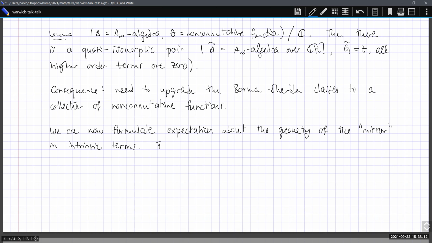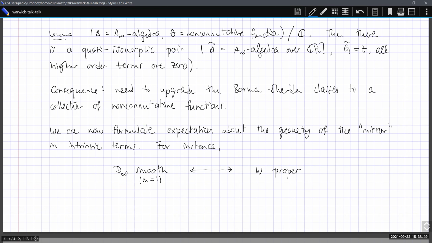For instance, it's an expectation in mirror symmetry that if the divisor has just one component and it's smooth, then the mirror superpotential should be proper.